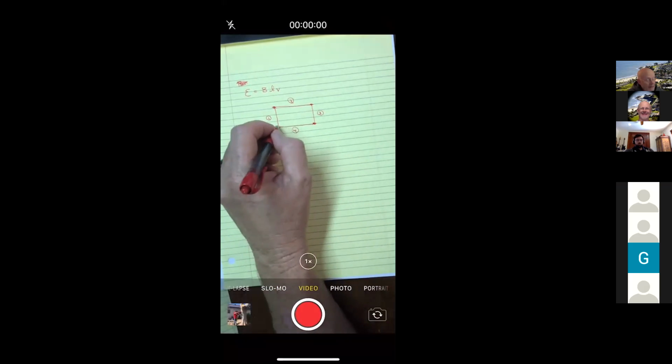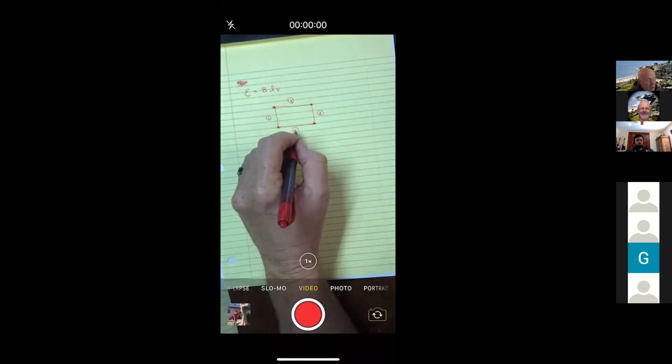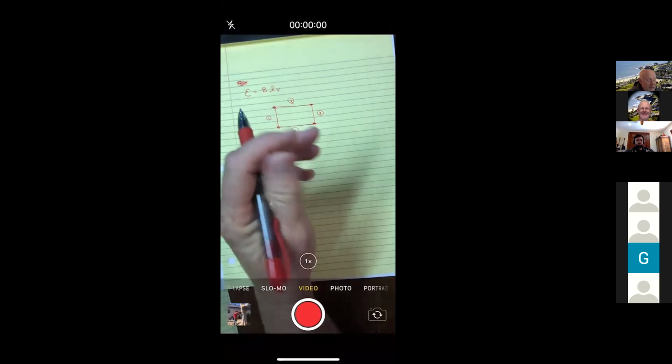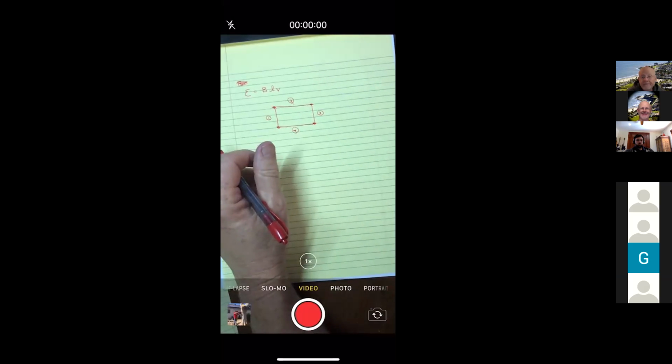And so if you add up the volts all the way around all 4 pieces, the voltage from number 2 and the voltage from number 4 would be equal but opposite, and therefore you can ignore them. And I think that's where you were going.